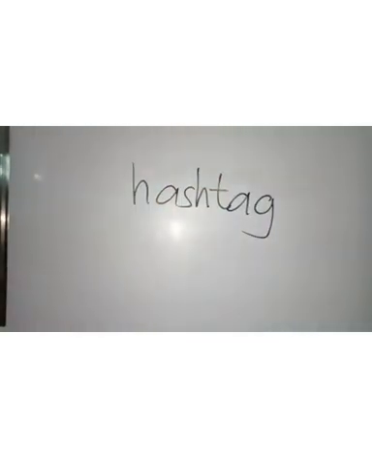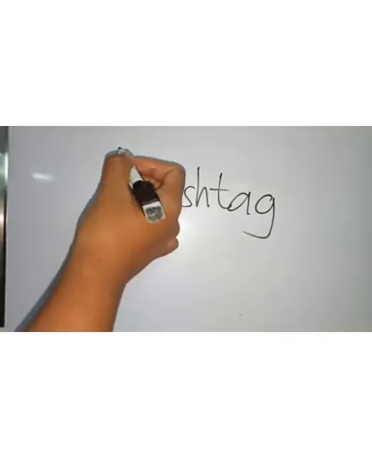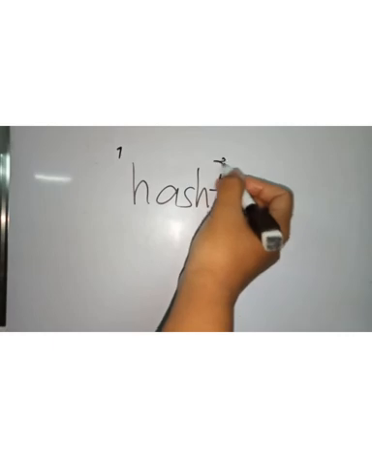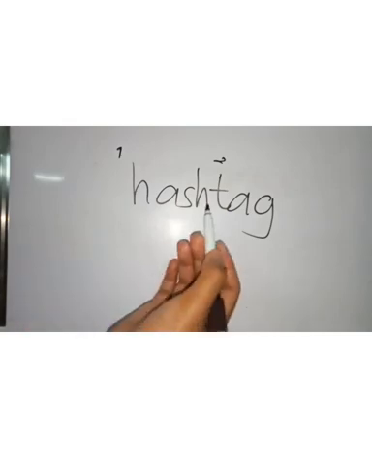Whenever I have a compound word, I always divide it according to its individual words. What are the words in the compound word? We have hash, this is the first one, then tag is the second one. Hashtag. Then I try to find first the sound of the first of the individual words.